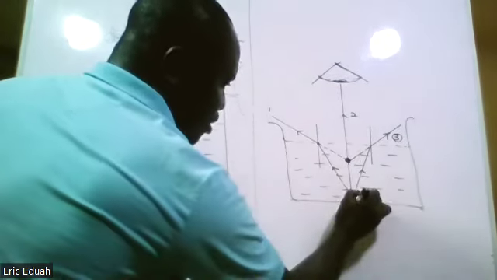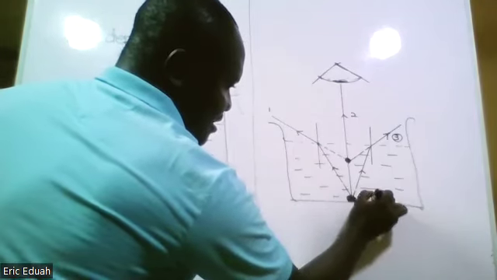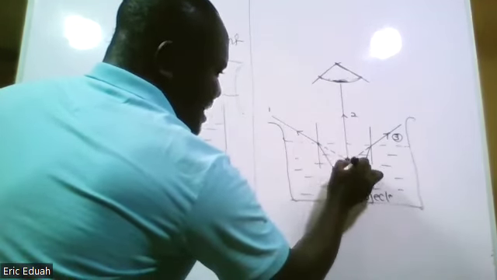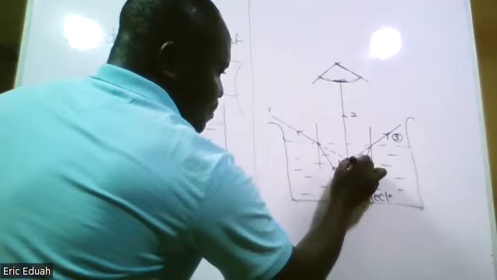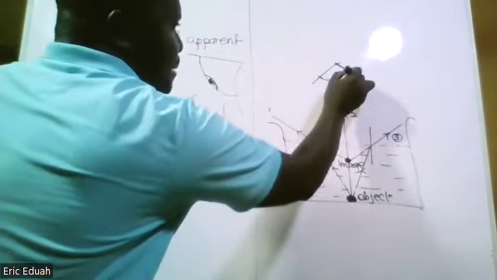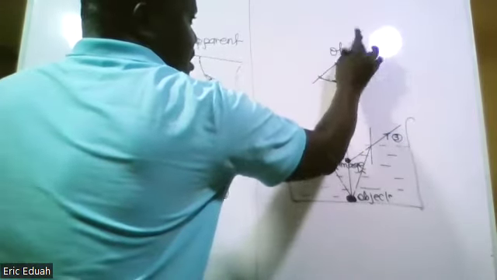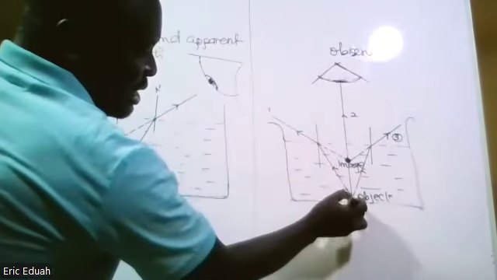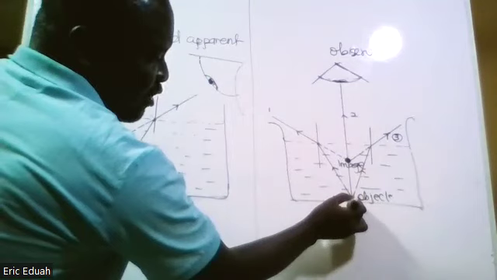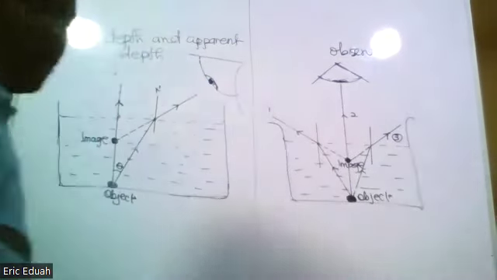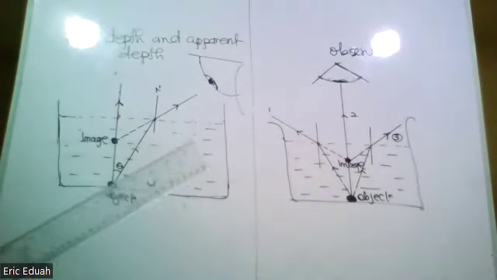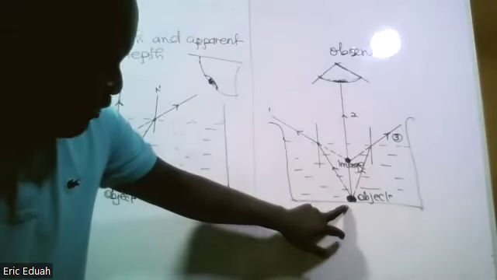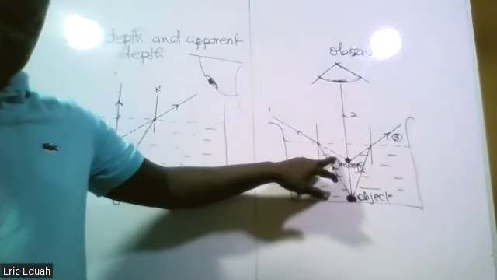So this becomes the object, and this becomes the image. So an observer up here sees this object as if it is here.